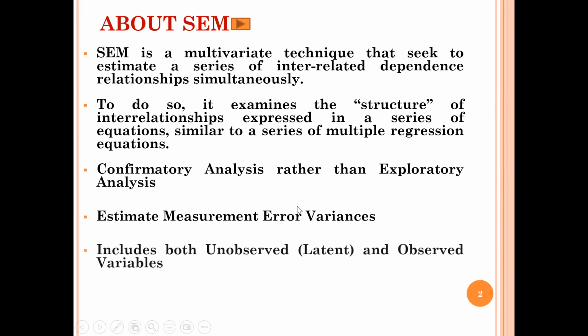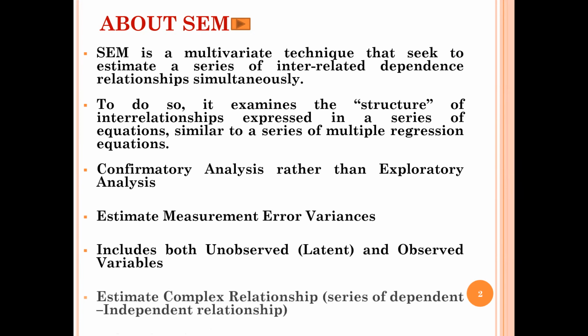Now, in this case, there are 2 kinds of variables, latent and observed variables. And with those variables, we estimate the complex relationship or series of dependent-independent relationships. Now, what are these latent and observed variables? Observed variables are the measured variables or manifest variables or the indicators basically.